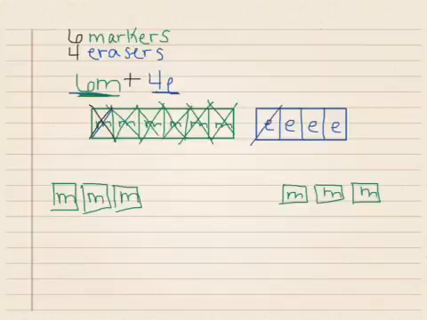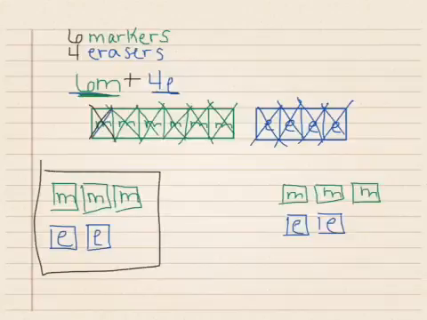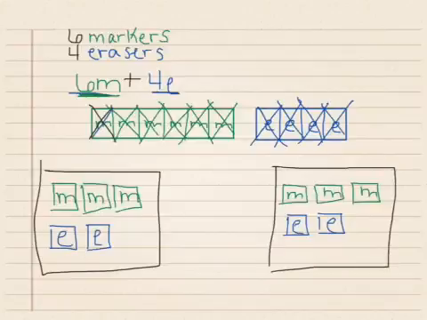We'll take this first eraser and give it to this person, then take this eraser and give it to this person, and we'll continue until we run out of erasers. We want to see, does everyone have the same amount? Now we see that I have a group of 3 markers and 2 erasers, and this person also has 3 markers and 2 erasers.